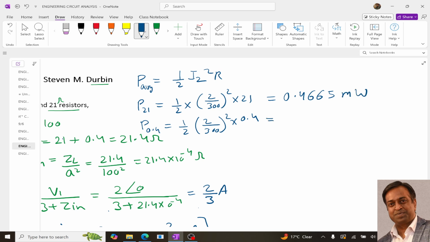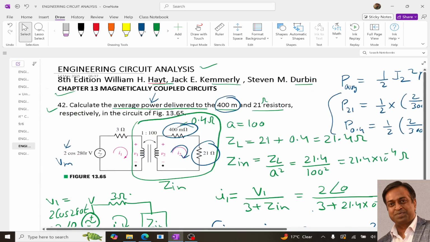And for the 0.4 ohm you will get something like 8 by 9 into 10 to the power minus 5, or 0.009 milliwatt. So these are the two powers delivered to these two resistors.